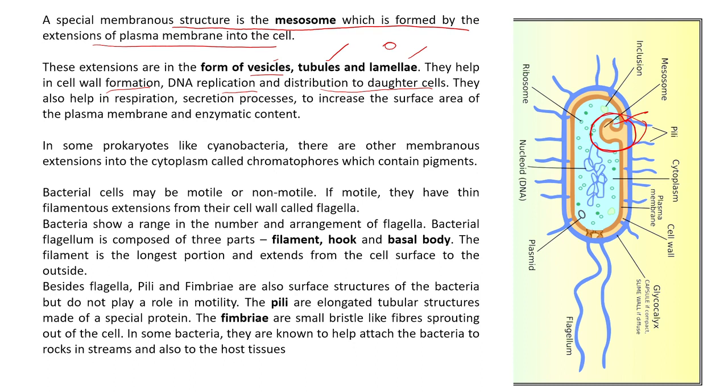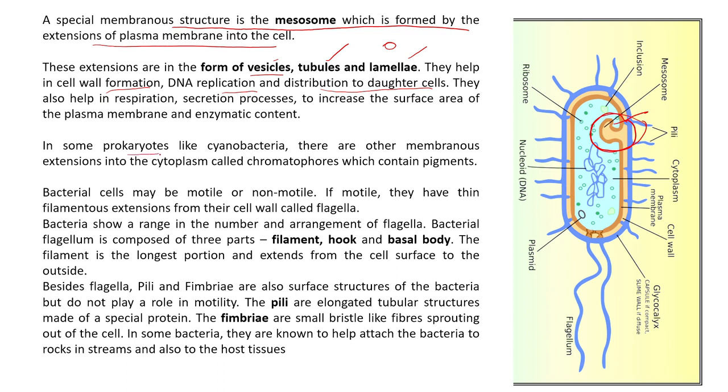They also help in respiration and secretion processes, and increase the surface area of the plasma membrane and enzymatic content. So in this paragraph, I told you about the function of the mesosome.